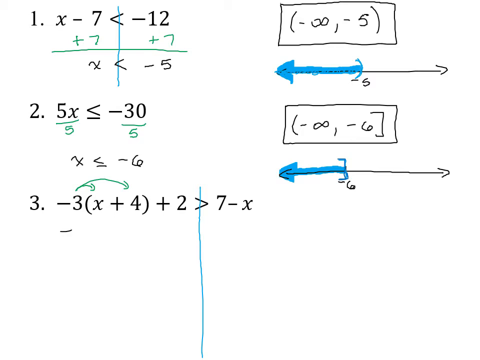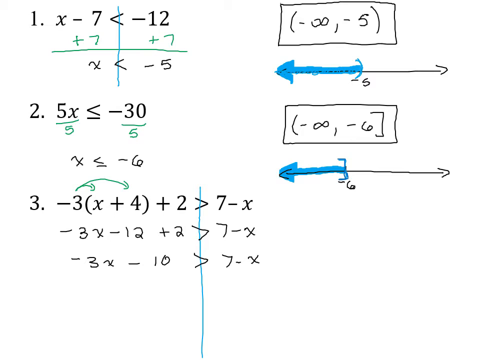So this will become -3x minus 12 plus 2. The -12 and the 2 can go together as -10. And then you have the left-hand side simplified.